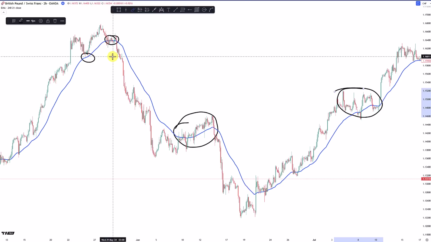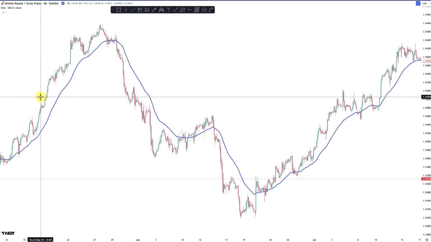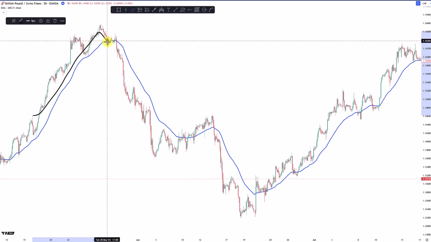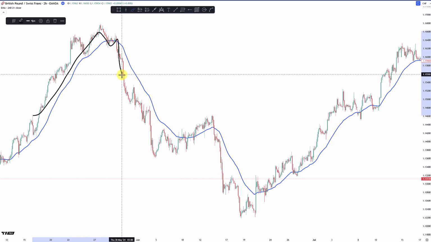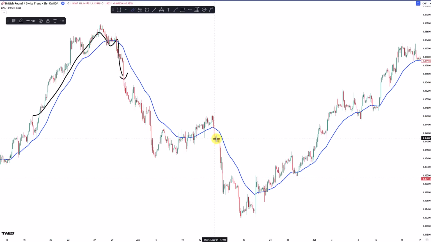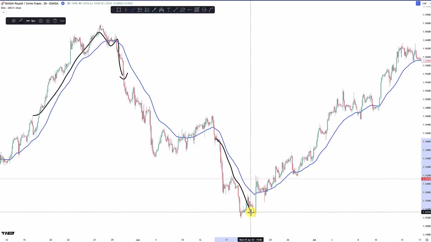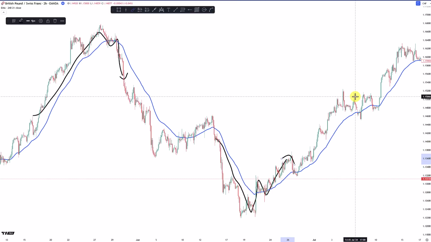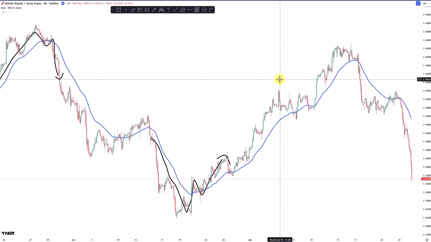And then break and retests through a moving average after a long period of trending, such as here uptrend, break below it, retest, downtrend. We have the same as well here, trade below the moving average, break, retest, and then the trend is changing to the upside. Here we don't have the break and retest, right? We can see that no break and retest, so no trend change.